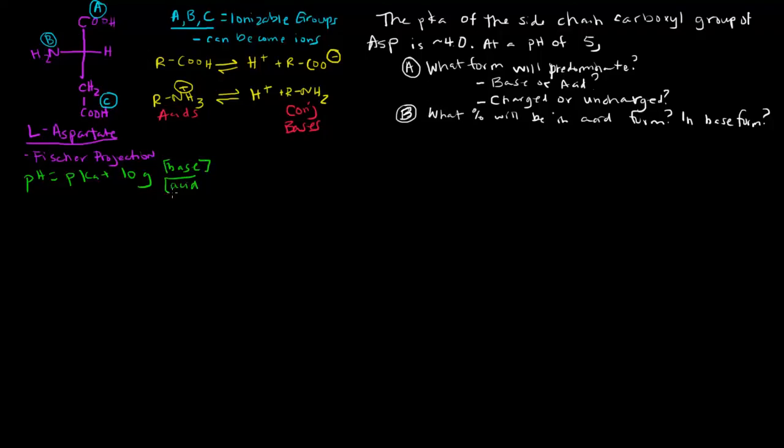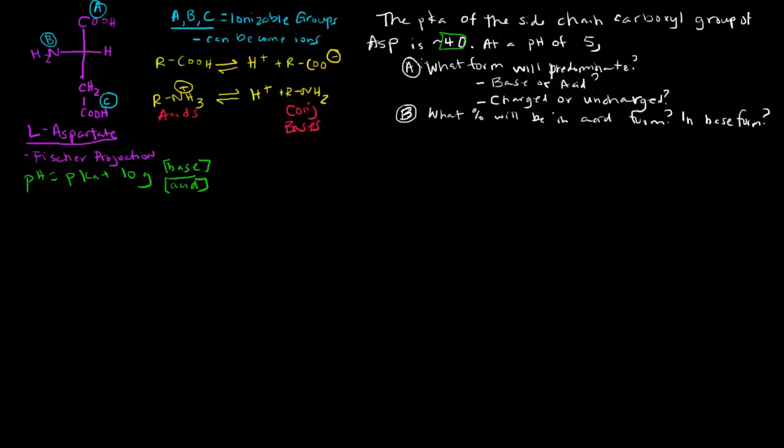Now, in our case, this is asking about the side chain carboxyl group, and they're saying that the pKa of it is approximately 4.0. This carboxyl group here is the side chain carboxyl group. This is called the alpha carboxyl group, and again, I'll go into details about that in a later video. They're saying that the pKa of this acid group is 4.